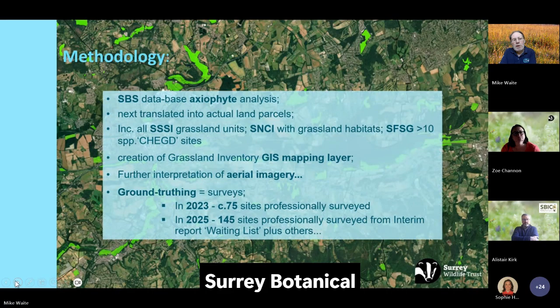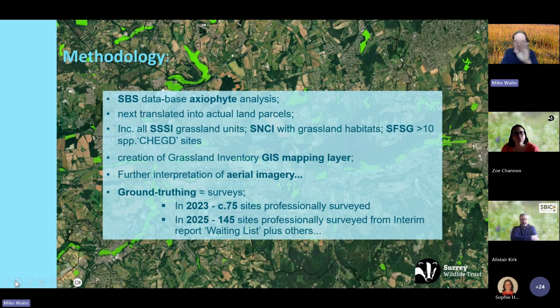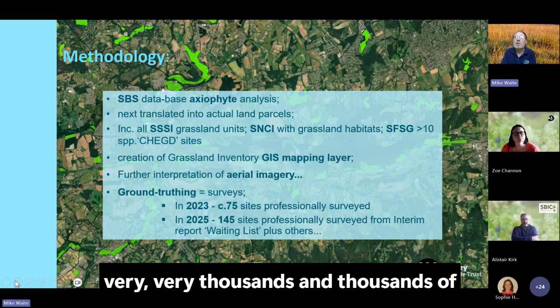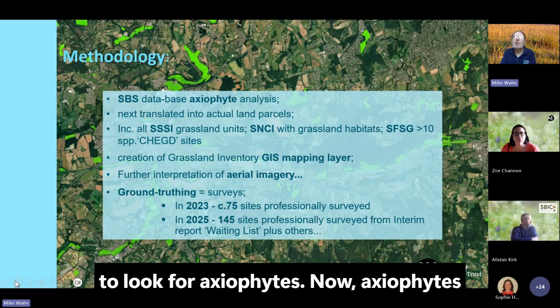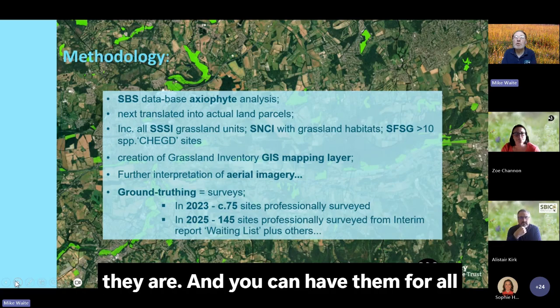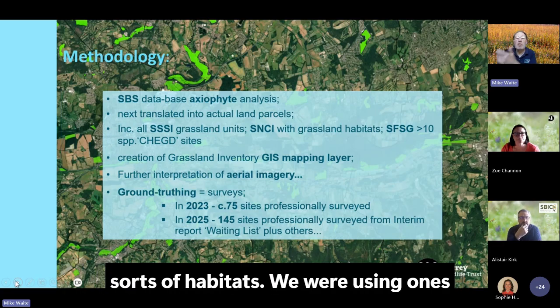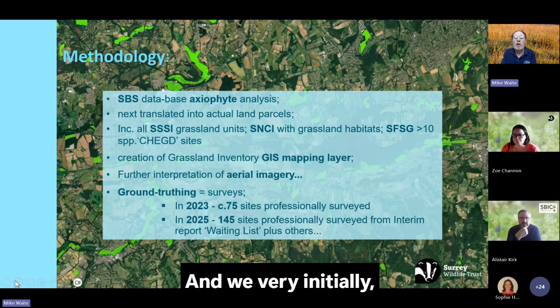The Surrey Botanical Society's database, with thousands and thousands of records, was analysed to look for axiophytes. Now, axiophytes are indicator species. That's really what they are, and you can have them for all sorts of habitats. We were using ones obviously relevant to grassland habitats.